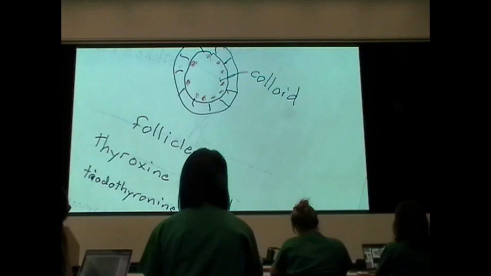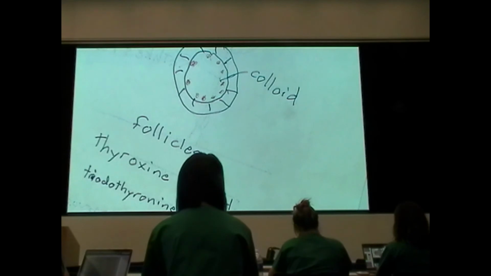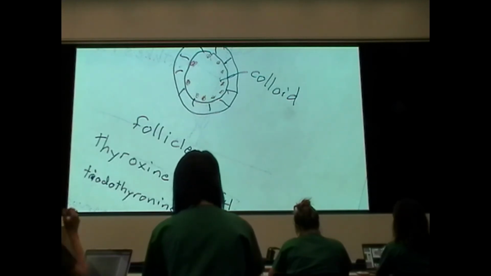T3 is the more abundant one because T4 gets changed to T3 very quickly in the blood. If you get a report from a physician where they've done a thyroid test, the terms that they will use will be T3, T4. So just remember that these are different terms for thyroid hormone.